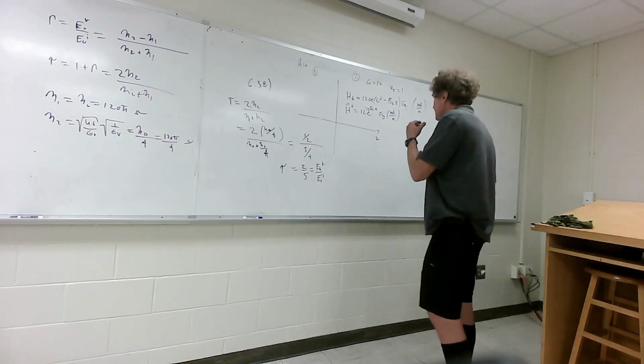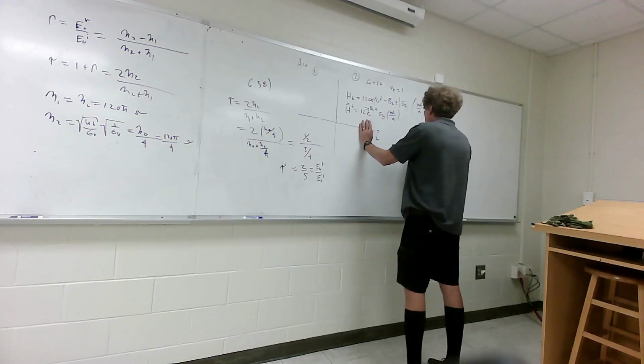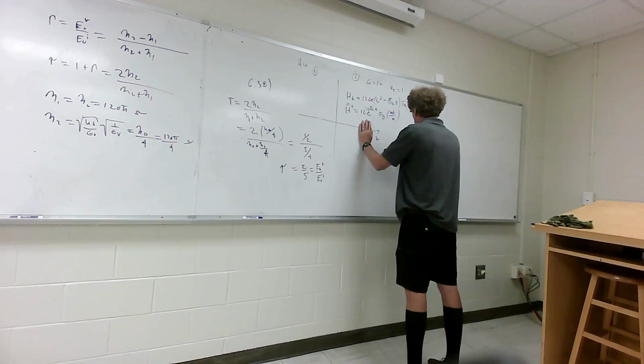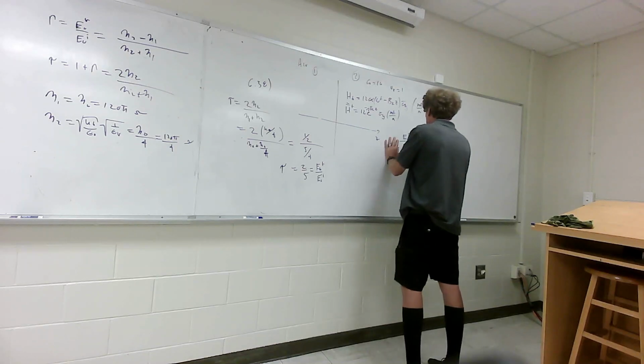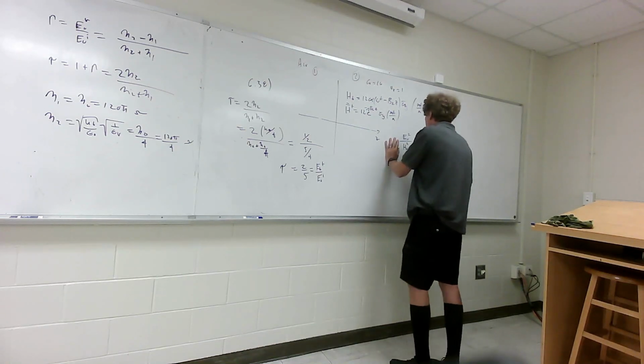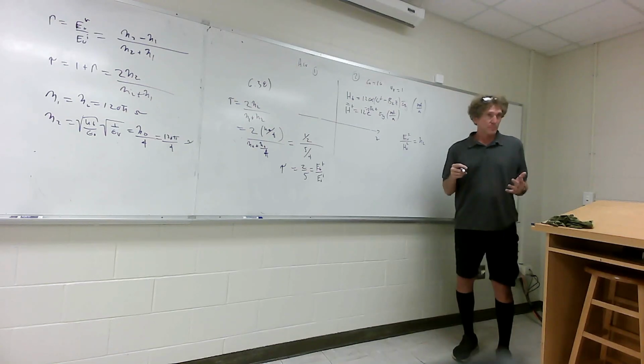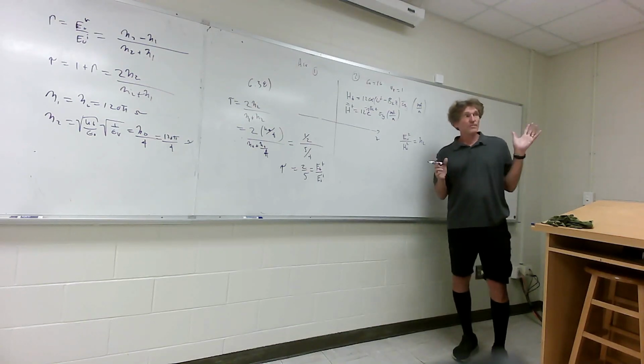If that's lossless over here, then I know what? The ratio of E in region 2 to H in region 2 would be equal to eta in region 2. I hope you follow me. Do you agree with that, everyone? Okay, you all follow me?